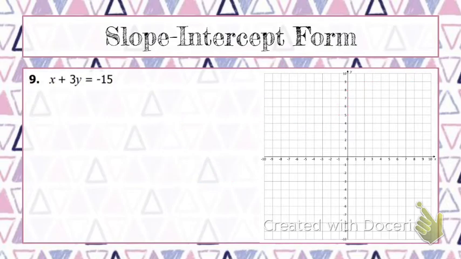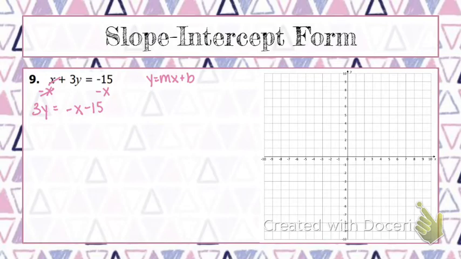All right, so this equation is in standard form, but we need to get it to slope-intercept form. We want y equals mx plus b. So basically, we need to solve for y. So we're going to subtract x from both sides, and that's going to leave us with 3y equals negative x minus 15. And I put the x in front of the 15 because in slope-intercept form, that's the way that it's supposed to be.